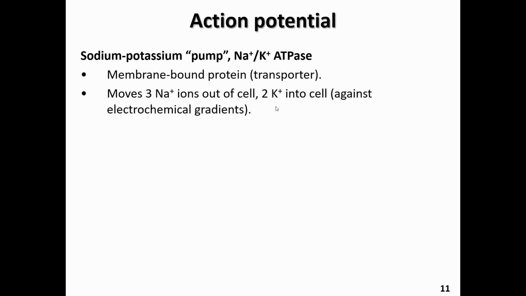And in doing so, those ion movements work uphill, or against the electrochemical gradient. And because the ions are being moved uphill, it necessitates the expenditure of metabolic energy in the form of ATP. And so the protein here will have binding sites not just for the ions, but also for an ATP molecule.